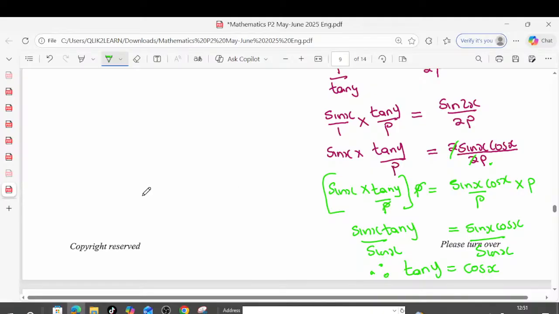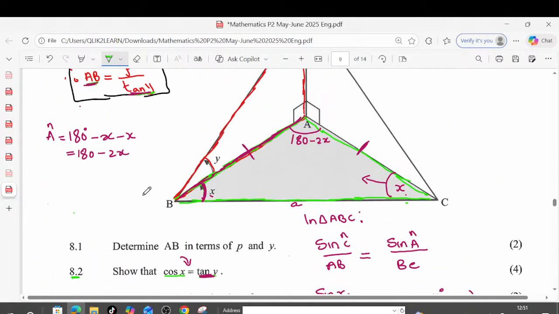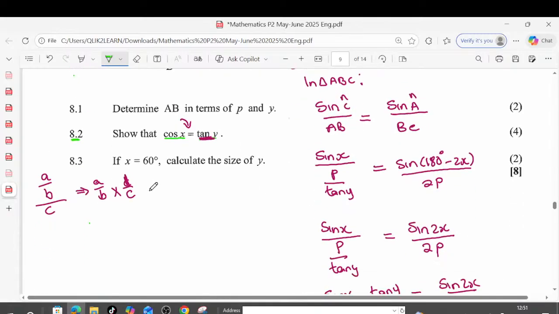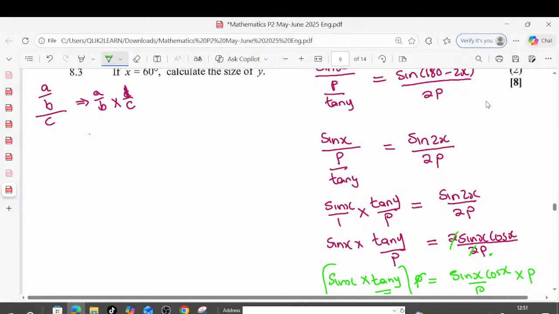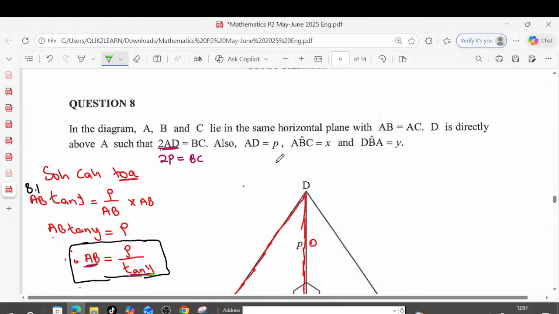So how many marks? This was 4 marks, but my problem is that you might miss this statement, the 2P, because remember I said I'm not interested in reading the statement. But look at now, we did not read the statement.